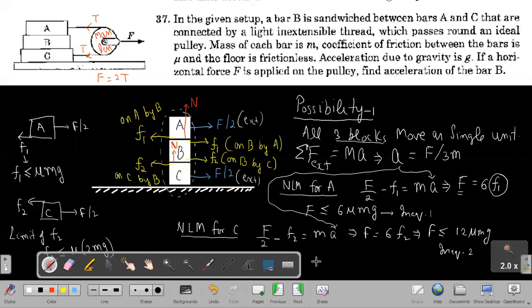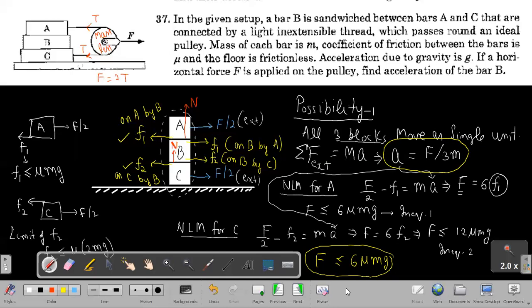That means as long as the applied force capital F is less than or equal to 6 mu mg, both frictional forces will be successful in preventing the relative motion between the blocks, and all three blocks can move as a single unit with the acceleration calculated as F over 3m.